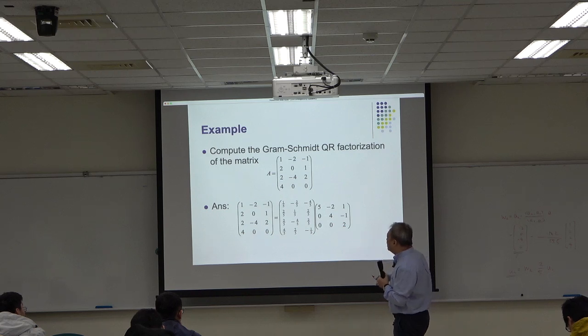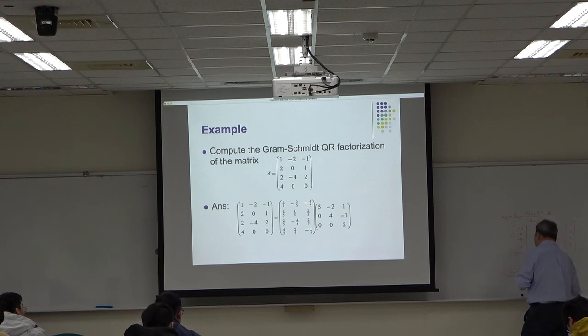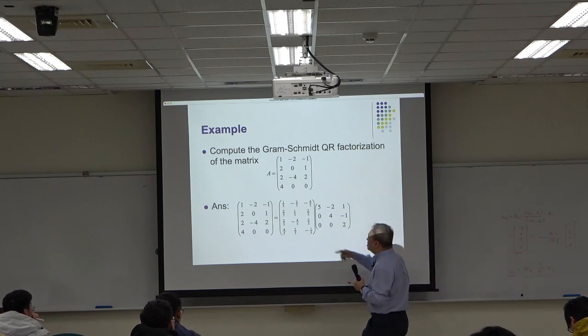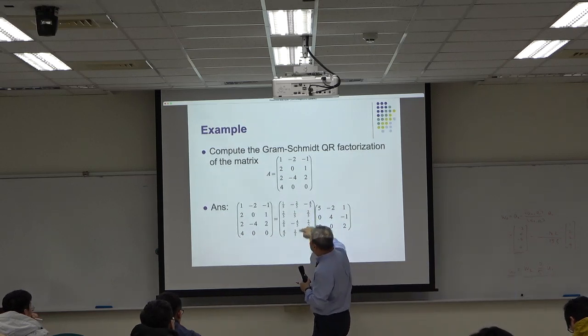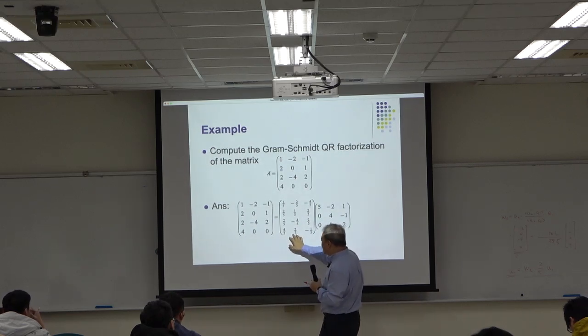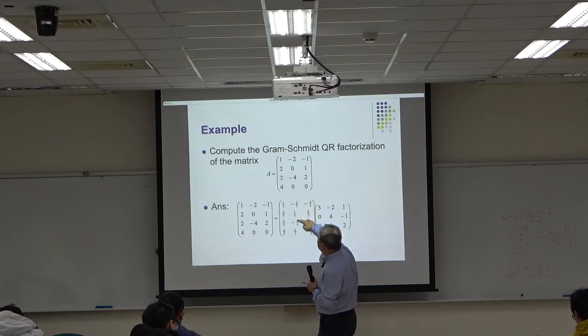So basically, if you decompose this computation, this one will be your W2 divided by its length.